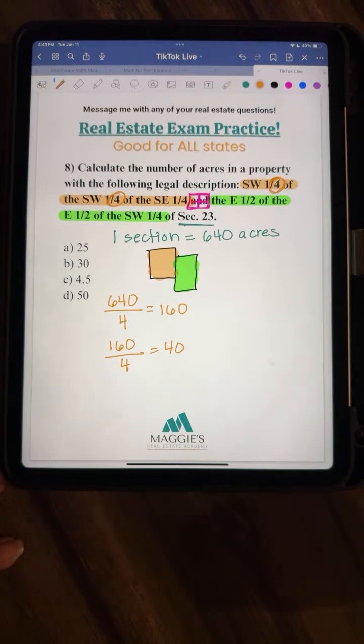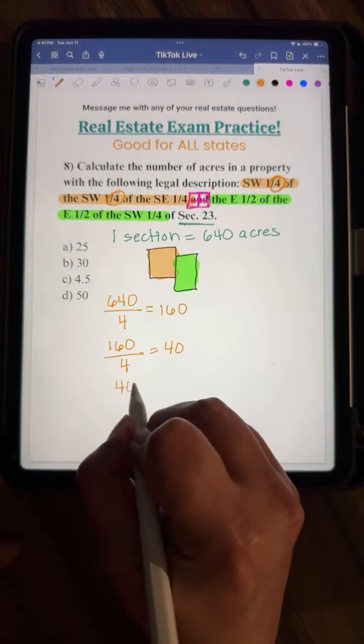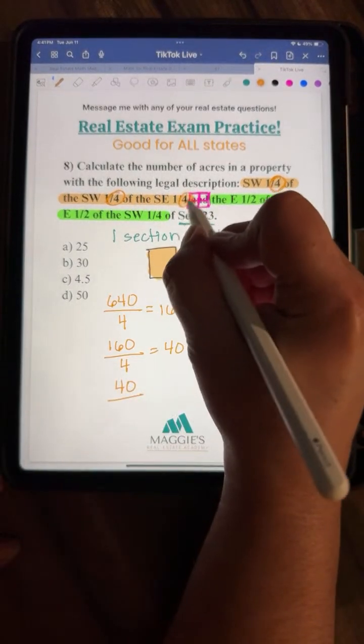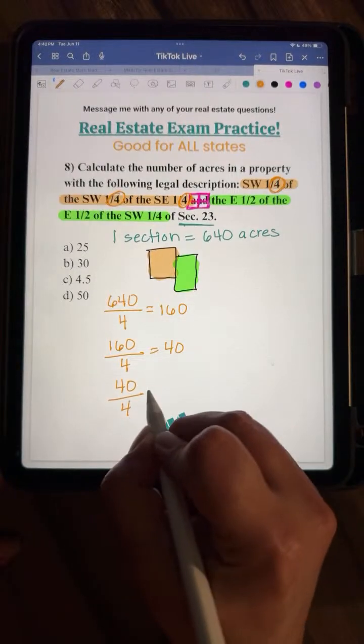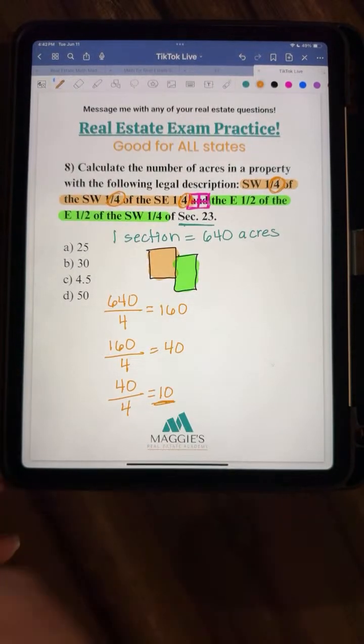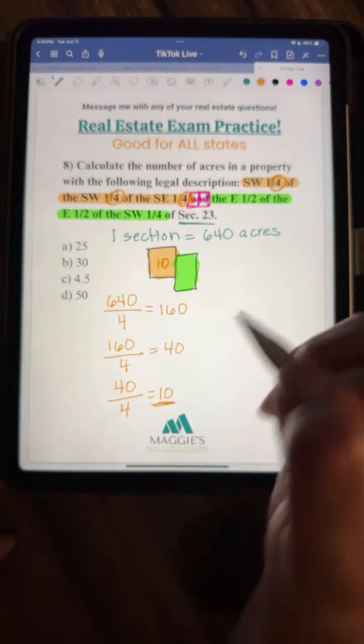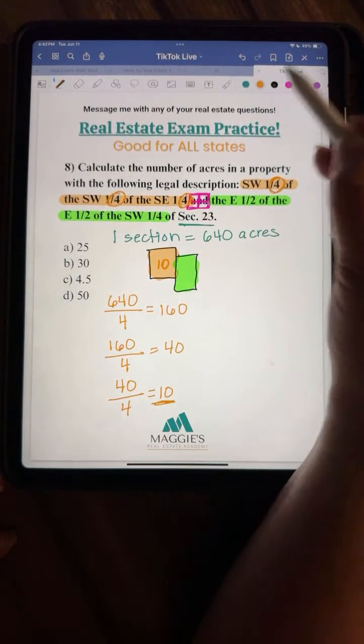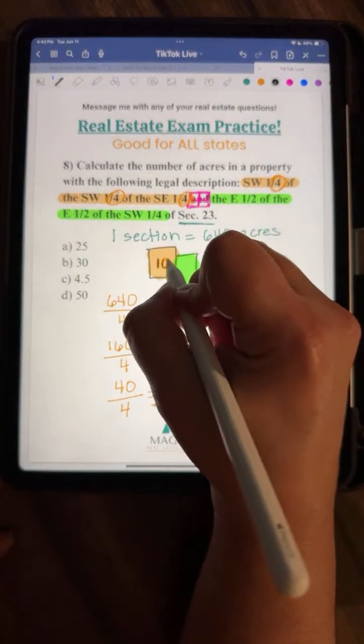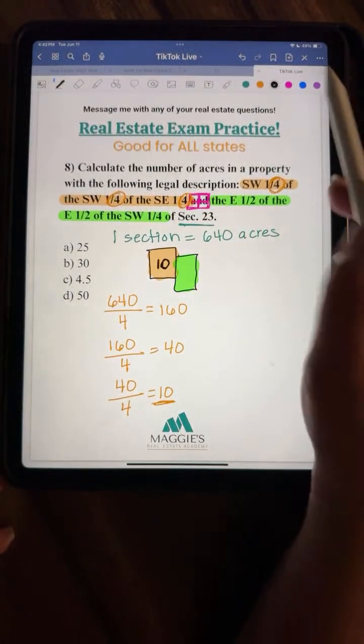That equals 40. Then I take 40 and divide it by this 4. That means 10 acres. This plot of land is 10 acres. I don't know if you guys could see that. 10 acres here. Okay?